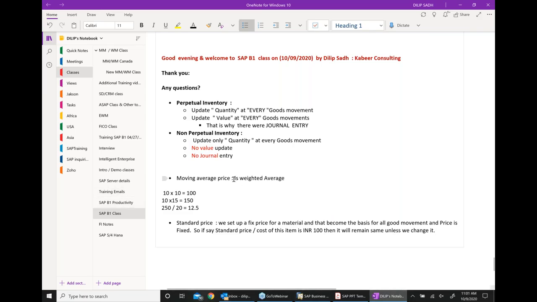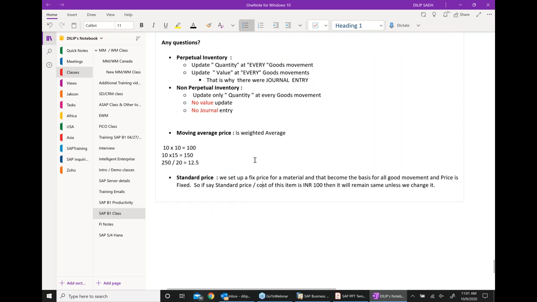Now, in case of moving average price, it changes every goods movement. Because it's a weighted average, every time the price is more, price is less. So the price keeps changing, because this time I'm buying this item for 10 rupees, next time for 15 rupees, another time for 9 rupees. So the price every time I buy could change.